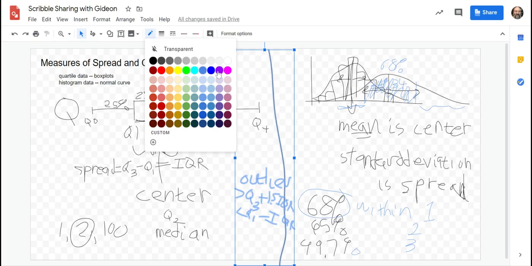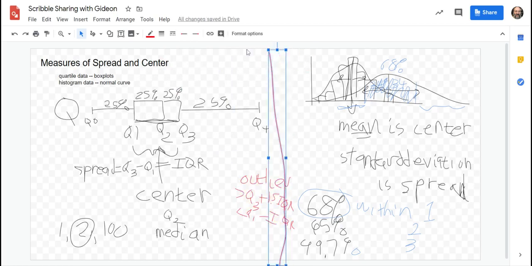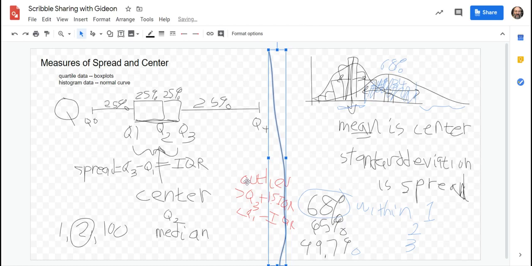Let's talk about that. I'll just put that in red. It's kind of interesting. Right, outliers. They're pretty far away. 1.5 times the IQR is how far you've got to go away, right?